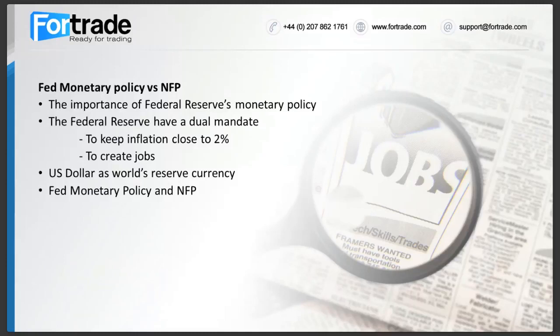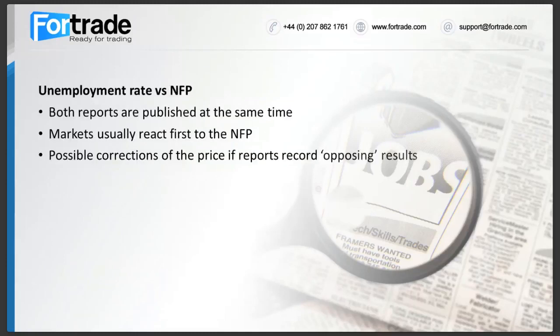Jobs are thus looked at closely when deciding to hike interest rates or not. The NFP is the main employment data during a trading month, so it is crucial for the Fed's decision. There are other job indicators or economic news in a trading month, like the initial jobless claims and continuing claims, but none are as important as the NFP number.